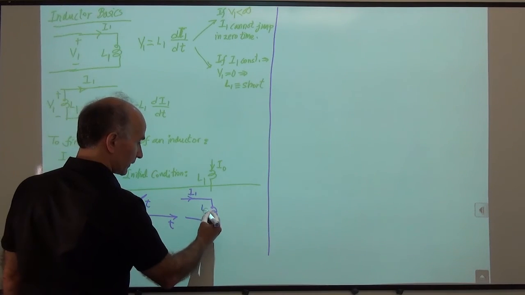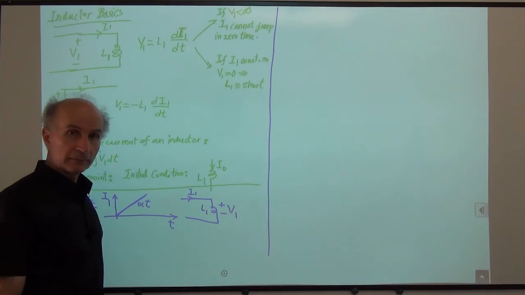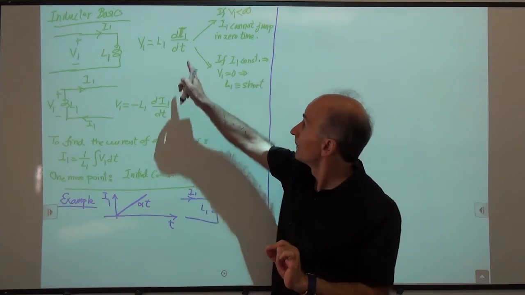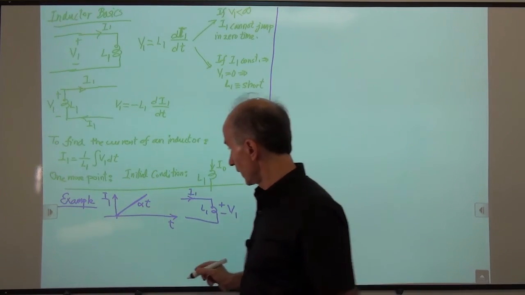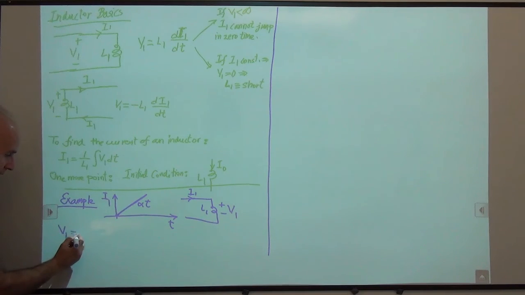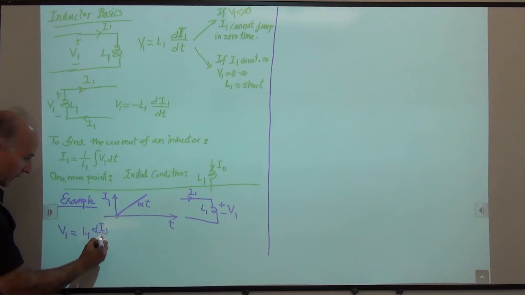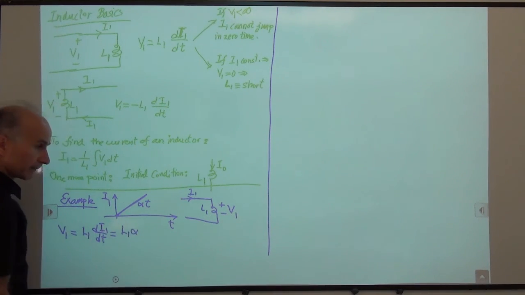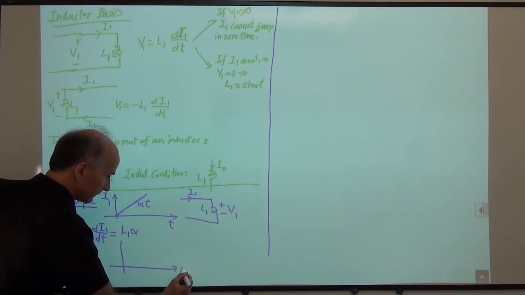And I am interested in the voltage across the inductor. Because the current is changing with time, there must be a voltage, right? So let's try to find the voltage. Okay, so we say the voltage is equal to L1 dI1 over dt, and that's equal to L1 times alpha. So I can plot the voltage as a function of time.